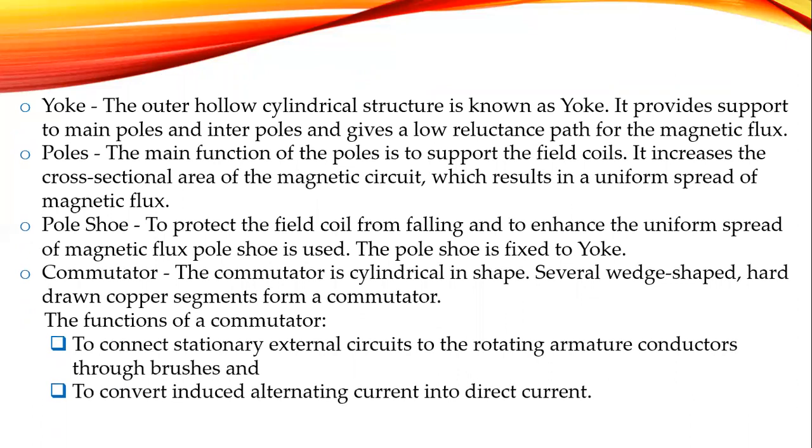Yoke. The outer hollow cylindrical structure is known as a yoke. It provides support to main poles and interpoles and gives a low reluctance path for the magnetic flux. Poles. The main function of the poles is to support the field coils.